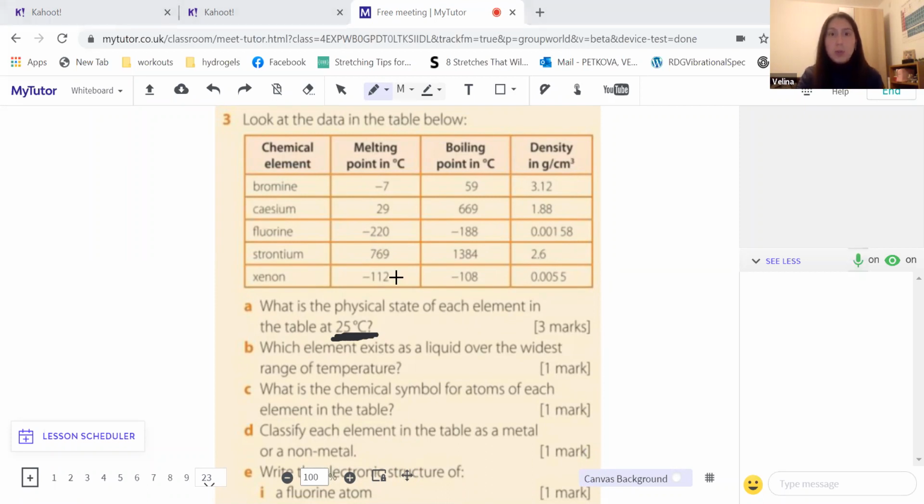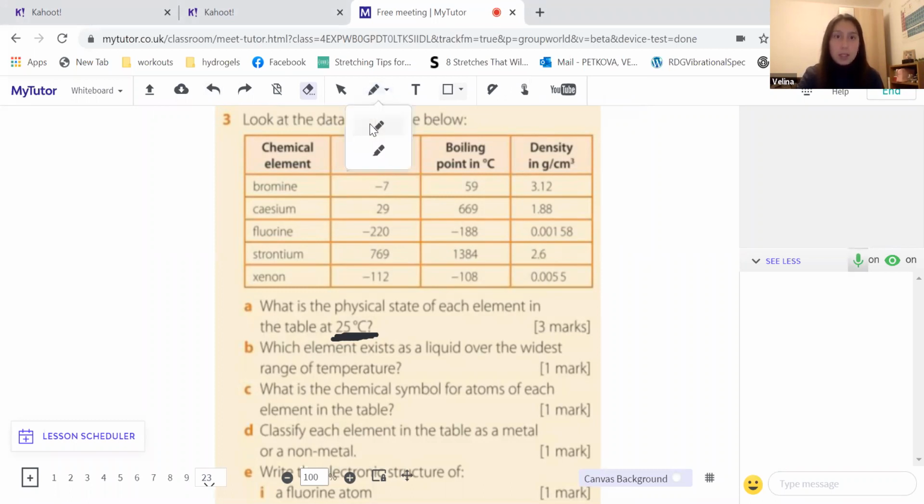Because 25 degrees is in between these two temperatures, right? So it's greater than the melting point, so therefore it's going to be a liquid, and it's below the boiling point, so therefore it's also going to be a liquid. If the temperature is above the boiling point, it's going to be a gas. If it's only above the melting point but below the boiling point, it's going to be a liquid, okay?